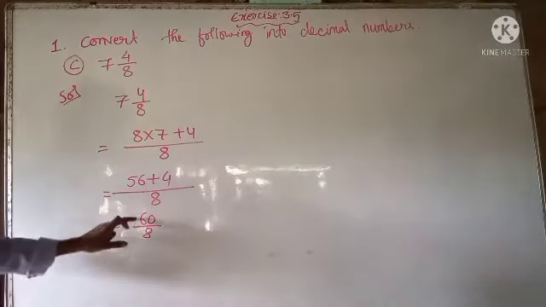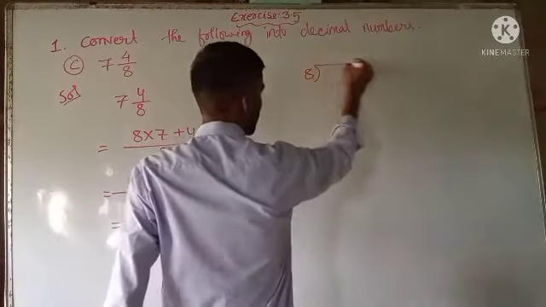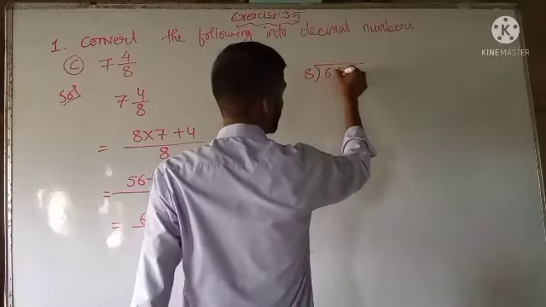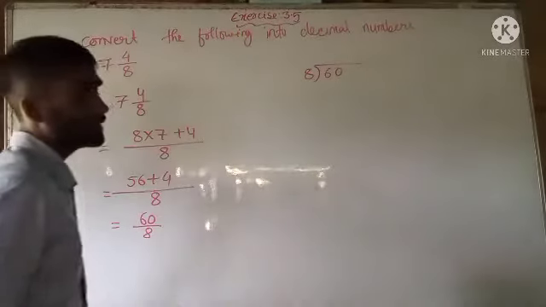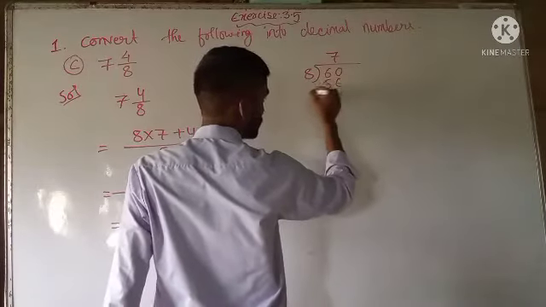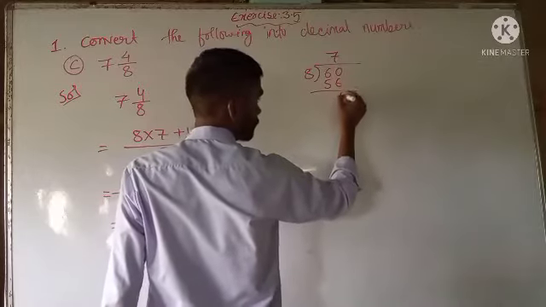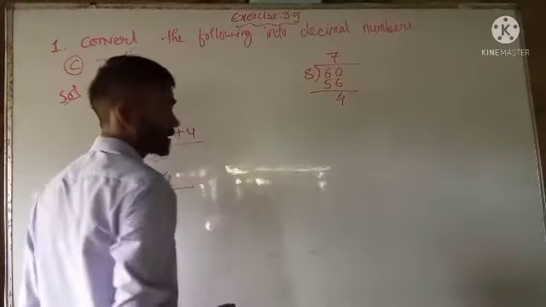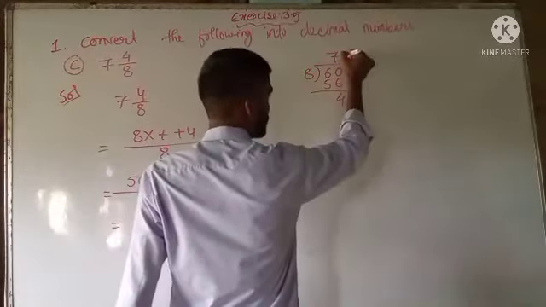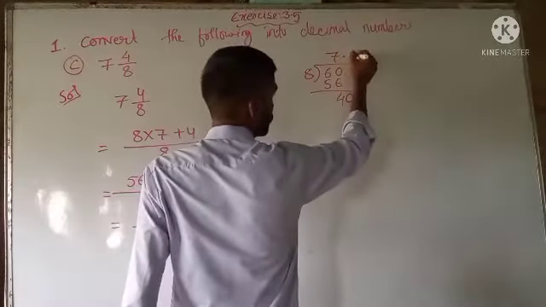So now we will divide them and find the decimal. 8 and 60. 8 7 times is 56. 0 minus 6 we cannot, so we take one from here. 10 minus 6 is 4 and 5 minus 5 is 0. Now we put one decimal point here and write 1 0 here. 8 5 times is 40.